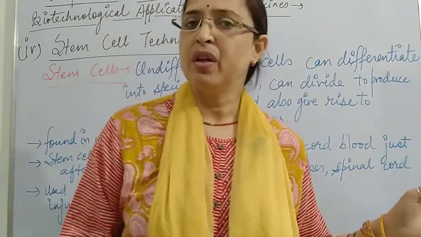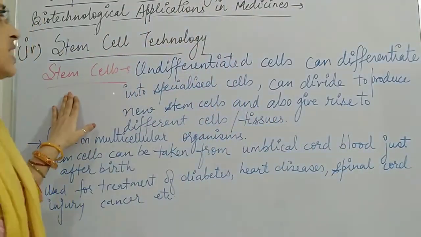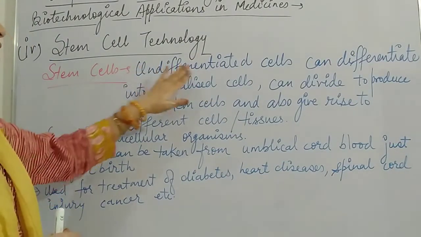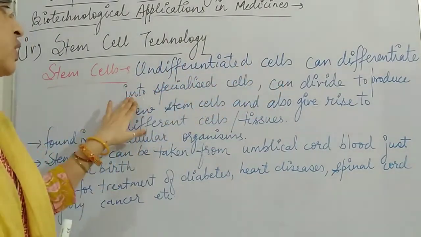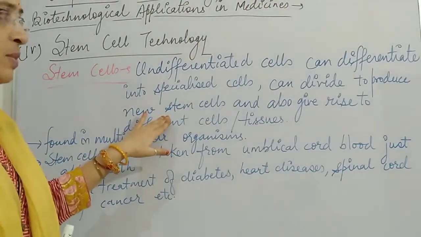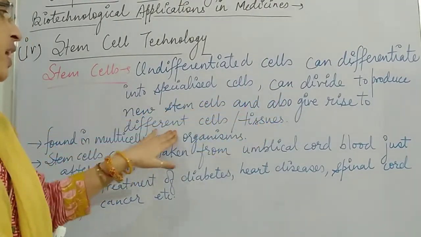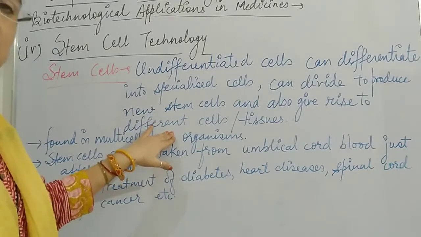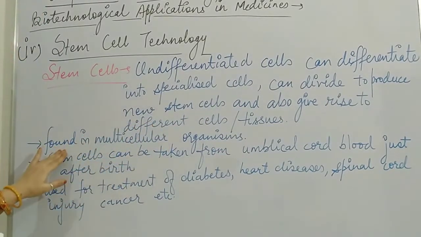Now just have a brief look here. Stem cells are undifferentiated cells that can differentiate into specialized cells, can divide to produce new stem cells, and also give rise to different cells or tissues. These are found in multicellular organisms.